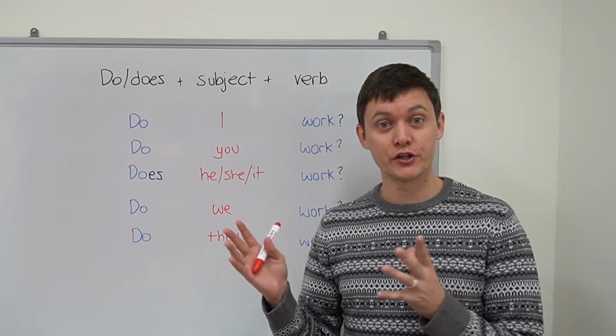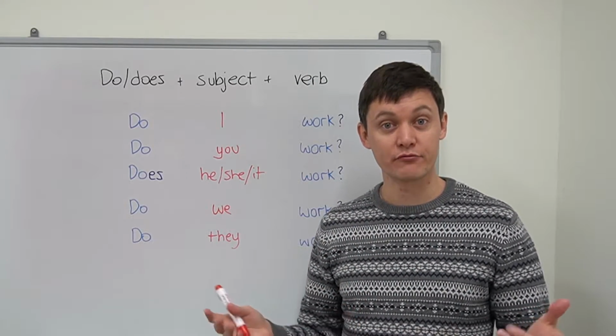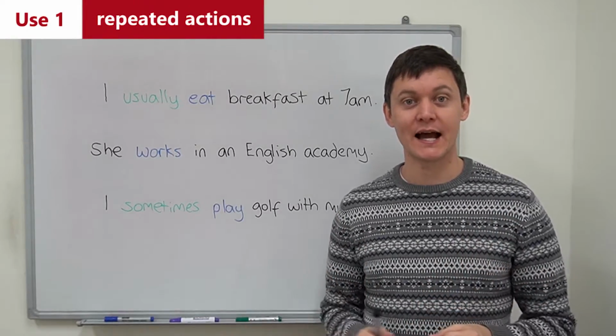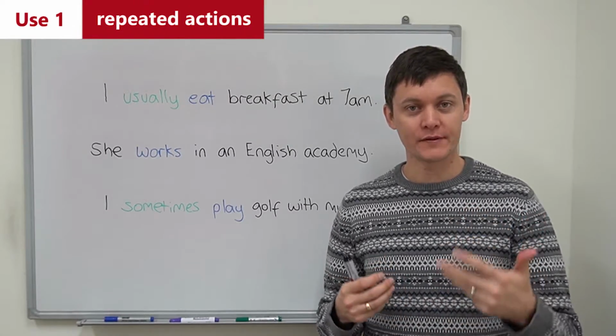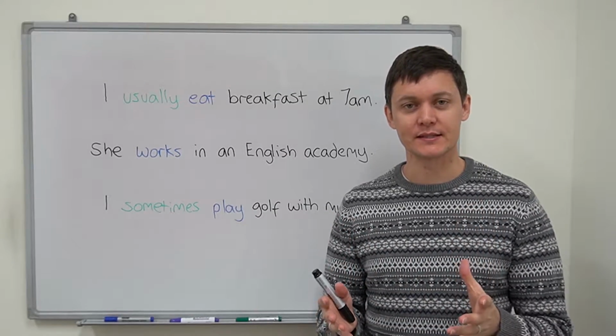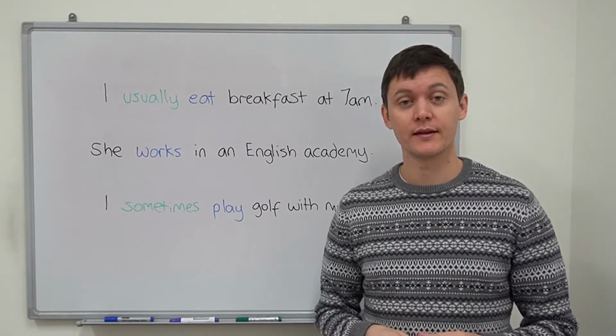Let's now look at the uses, how we actually use the present simple in real life. Use 1, repeated actions. These are obviously actions that happen generally and they are repeated. So perhaps you do them every day, every week, or every month.